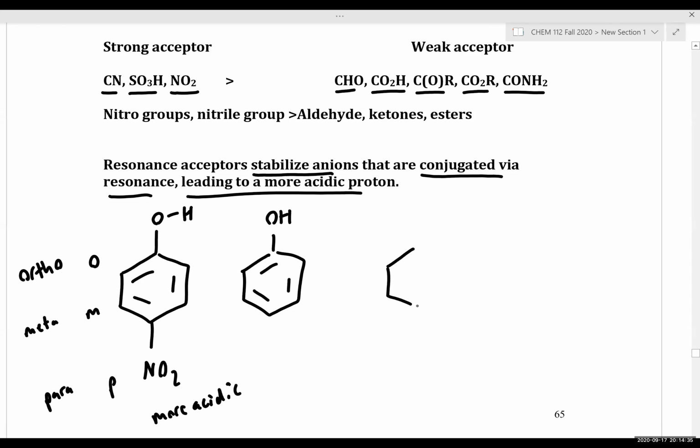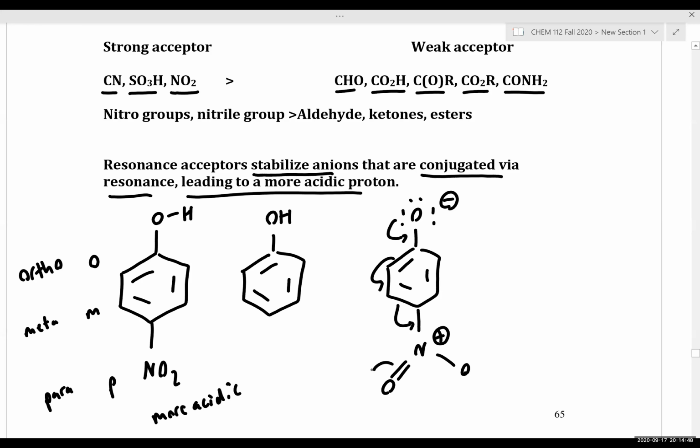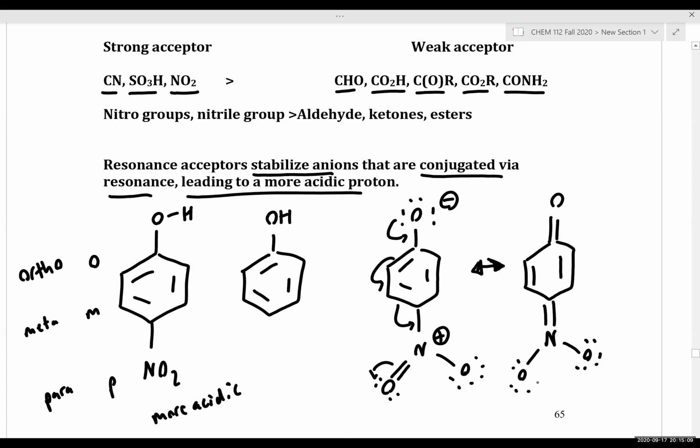And the reason for that is if we look at the anion that we would generate, this anion can be directly delocalized via resonance into our nitro group. And as a result, our anion is heavily stabilized, not just via delocalization, but it's delocalized onto very electronegative atoms.